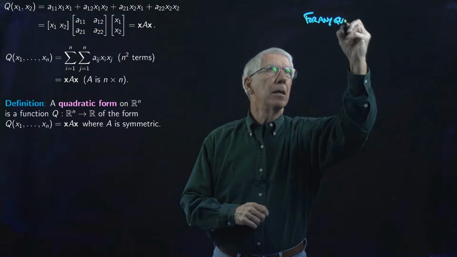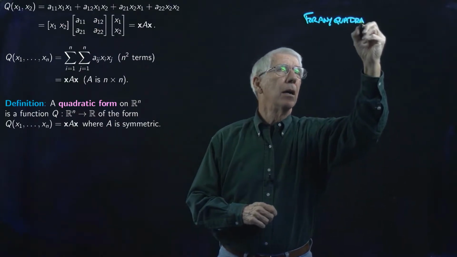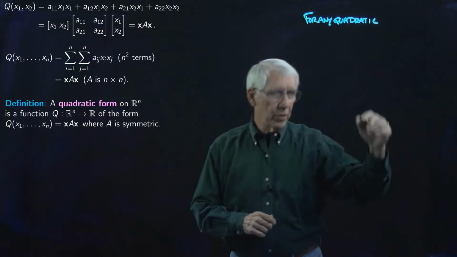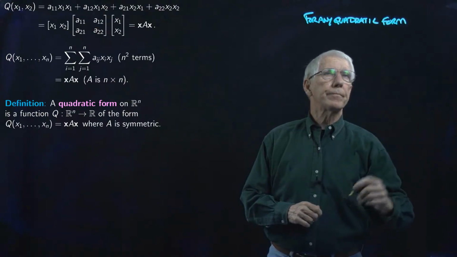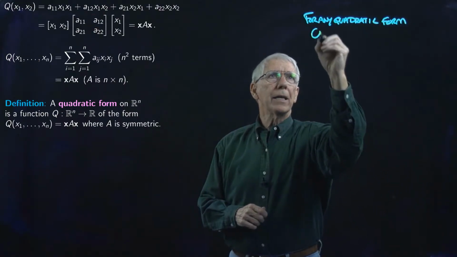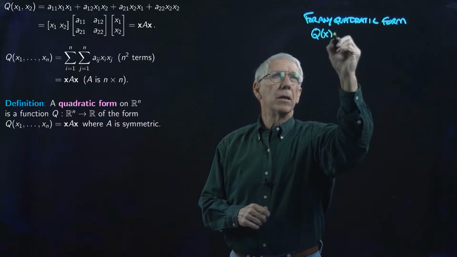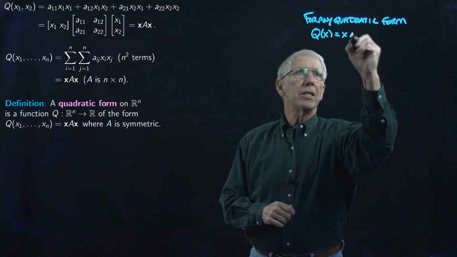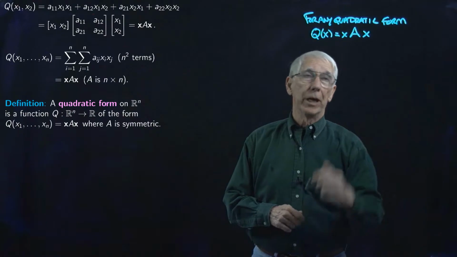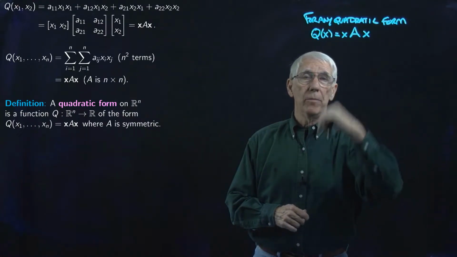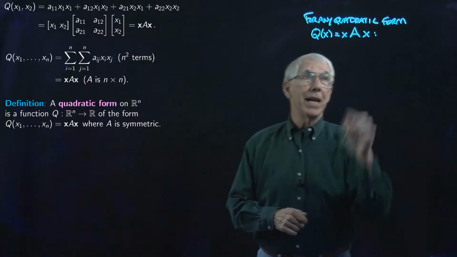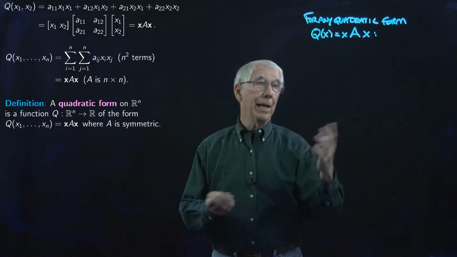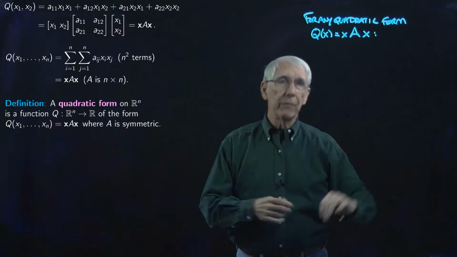So over here, for any quadratic form Q of x equals x transpose A x, where by definition, since it's a quadratic form, A is symmetric. Or maybe I should say for all quadratic forms, the following results are going to be true.